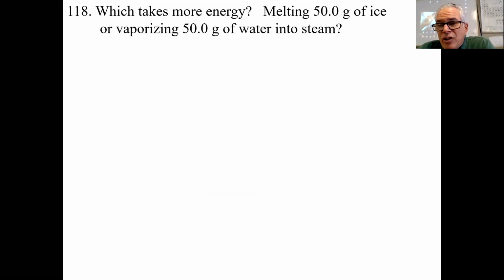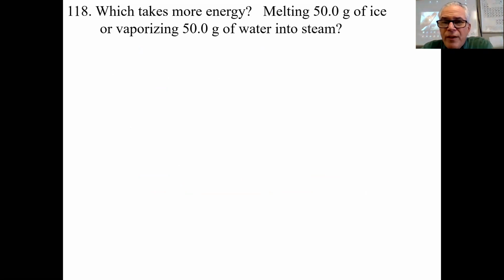Which takes more energy, melting 50 grams of ice or vaporizing 50 grams of steam? Now, there's two ways to do this. You could do two big math problems, or you could say to yourself, wait a second, how much energy does it take to melt ice? Well, to melt 1 gram of ice takes the heat of fusion. To vaporize 1 gram of water takes the heat of vaporization.